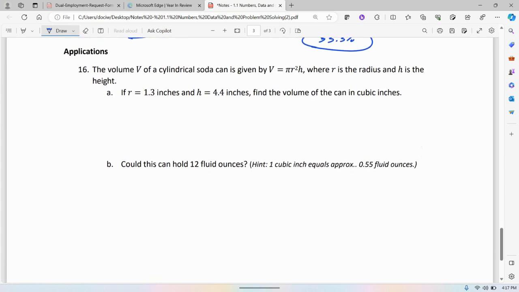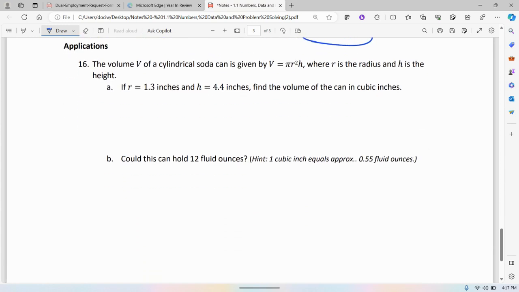All right, so just a little bit of application here. The volume of a cylindrical soda can is given by V equals pi r squared h, where r is the radius, h is the height. So if I say volume equals pi r squared h, where r is 1.3 and h is 4.4.